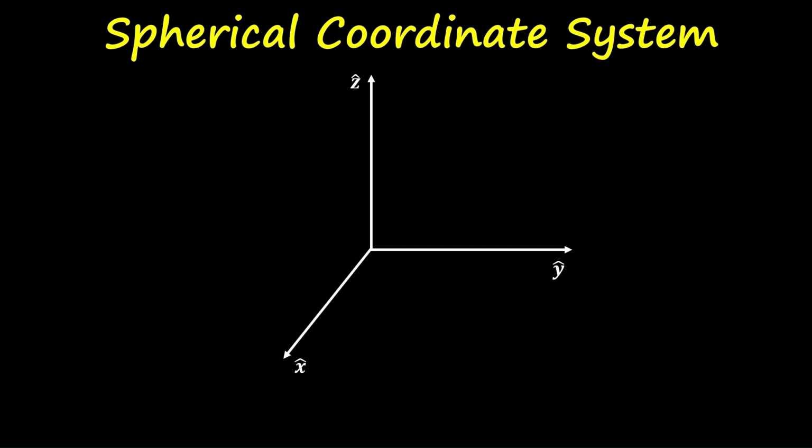Now we will try to identify certain surfaces where one particular independent variable remains constant. So for that, let's start with the Cartesian coordinate system. In the Cartesian coordinate system, we have x, y, and z.